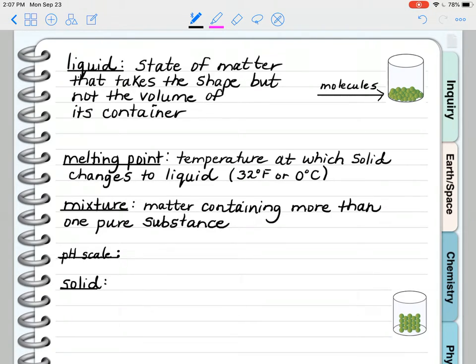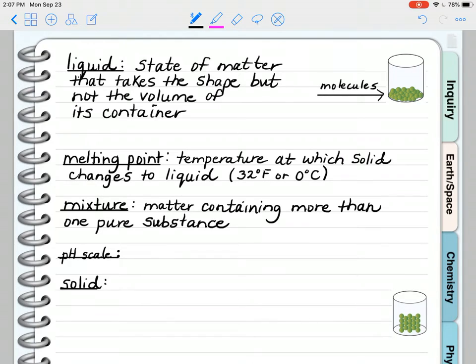If you want to make lemonade, you need a mixture. You have lemon juice, water, sugar, possibly ice or other flavors. That is a mixture. You put all those different substances into one container and you have a mixture.